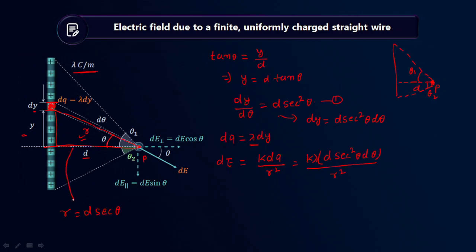If you have confusion, we can say that d will be equal to r cos theta, so r will be equal to d by cos theta, that is nothing but d sec theta. So we can put the value here. Till this point, any doubt? First we consider one small element. Due to that element we can find the electric field, and here we have three variables, y, theta and r, so we want to convert them in terms of one variable.